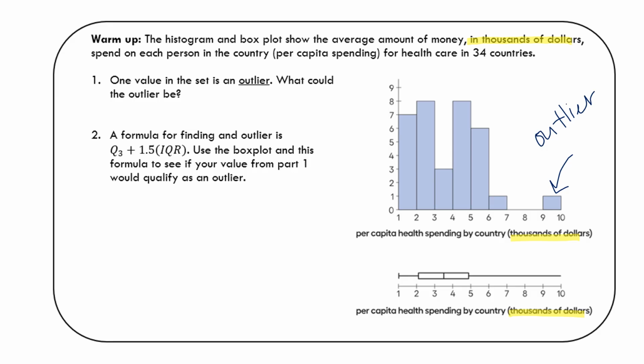What could the outlier be? We would say that there could be an outlier, and we sometimes use the word possible outlier, between $9,000 and $10,000. All right, so that's what we would just assume as a possible outlier.